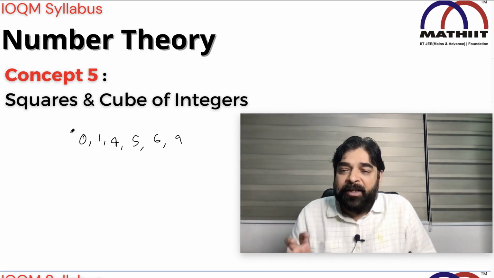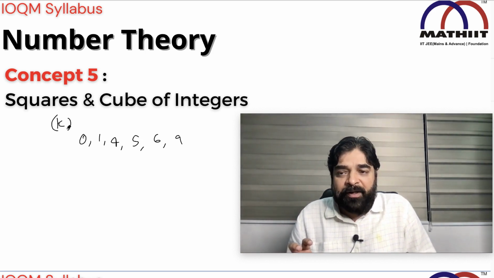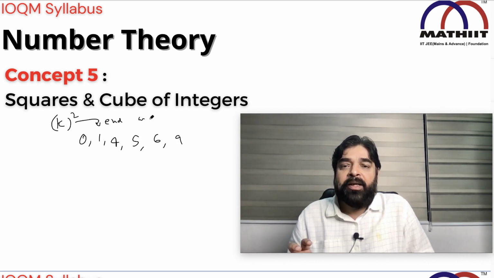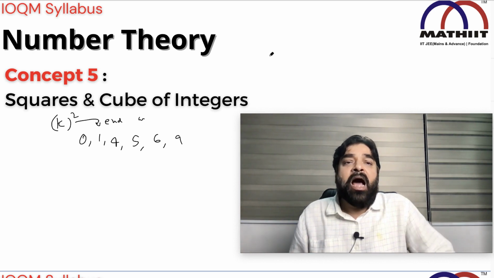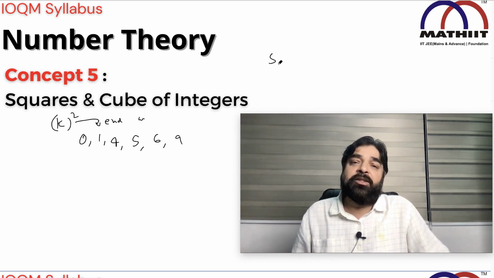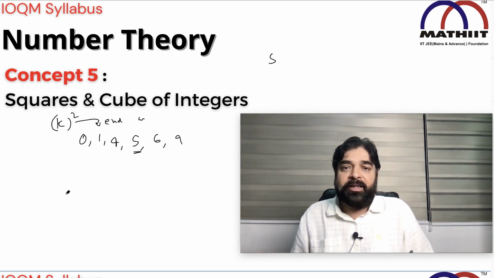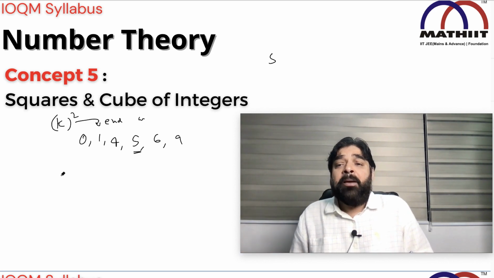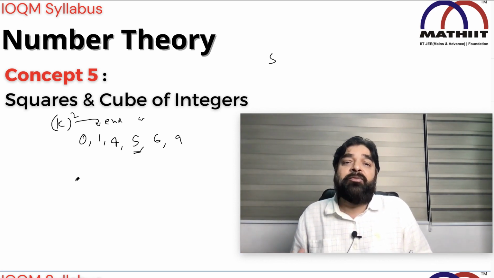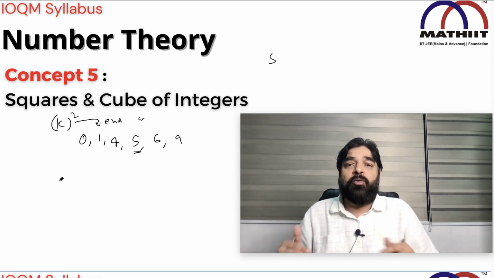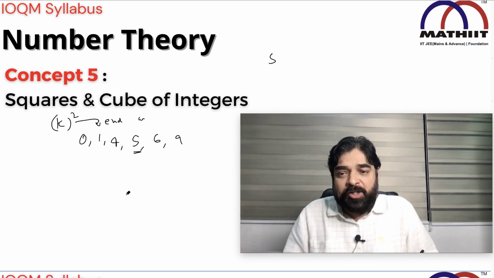9. A perfect square number always ends with these. Any perfect square number. Suppose I am going to square 5. So 5 square is 25, ending with 5. So a perfect square number can end with 5. Understand? Same way, a perfect cube has its own property, and a perfect square has its own.